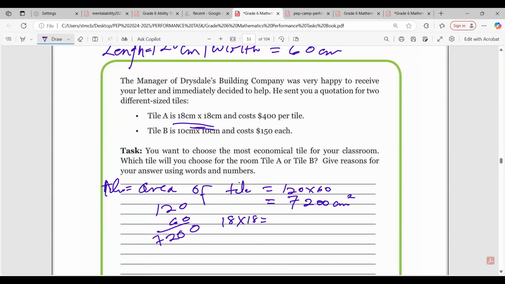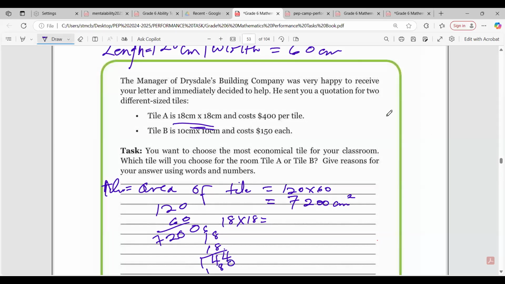So let's do that. We can multiply 18 by 8. 8 times 8 is 64. 8 ones are 8 plus the 6, that should be 14. Put a 0, then 1 times 8, 8, 1, 1, 1.